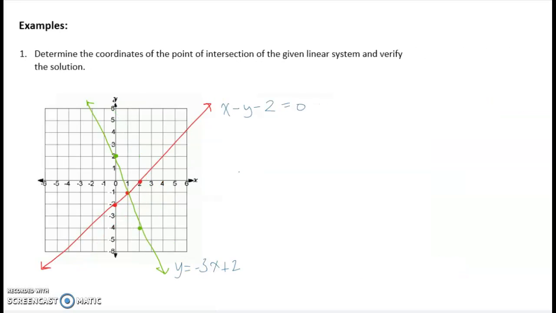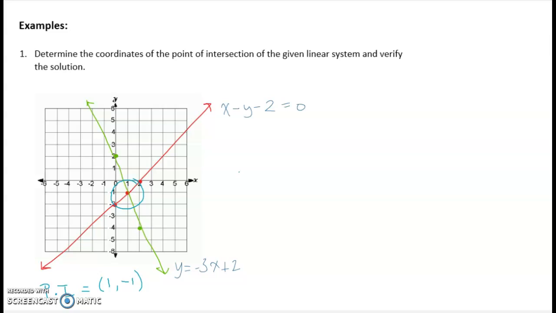Okay, so let's do an example. It says determine the coordinates of the point of intersection of the given linear system and verify the solution. So if we look here, the 2 lines cross right here. So I'm going to call it the point of intersection, and x is 1 and y is -1.